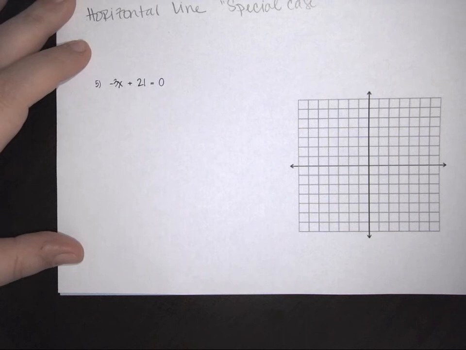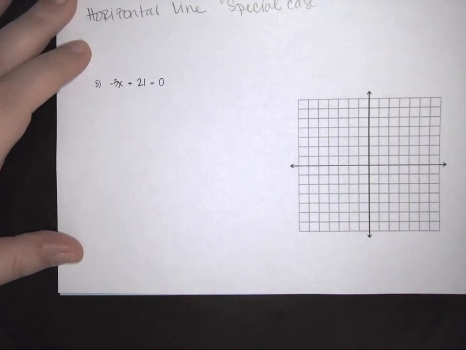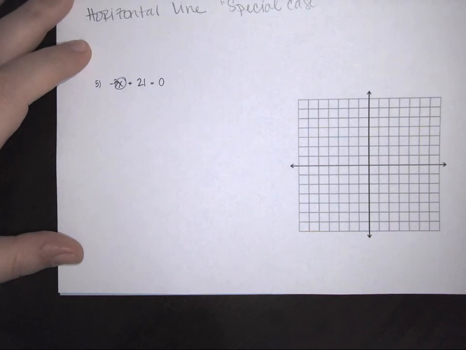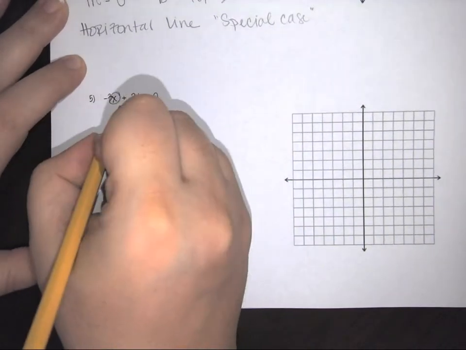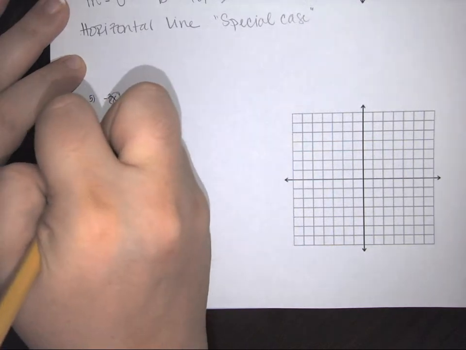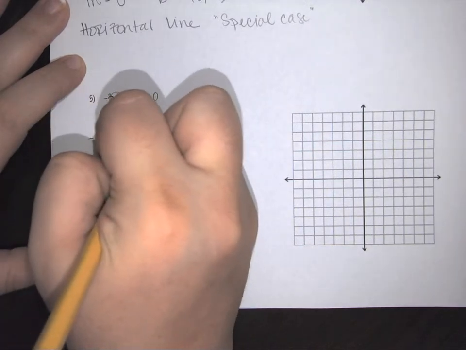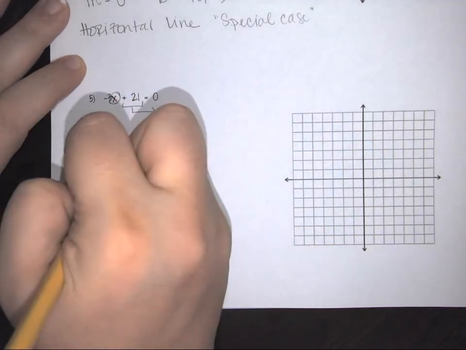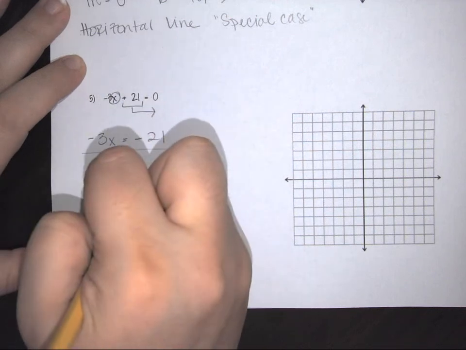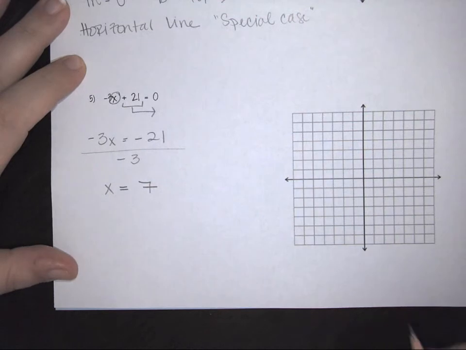Last but not least, I have negative 3x plus 21. This is the only variable I have. So I'm going to take this 21 and I'm going to move it. So this becomes negative 3x equals a negative 21. Divide everything by negative 3 and I get that x is equal to 7.